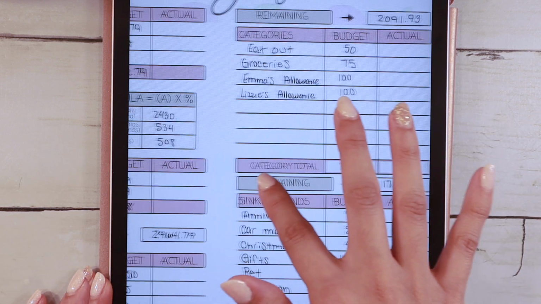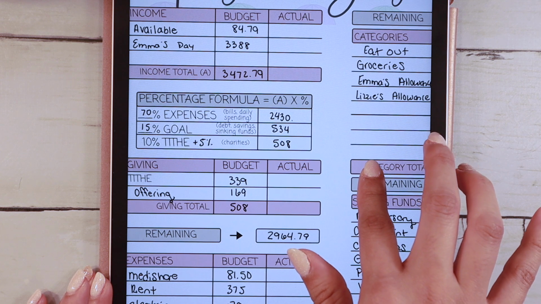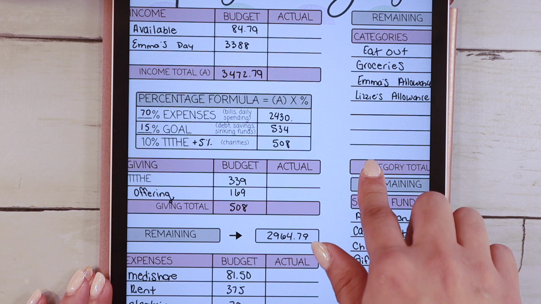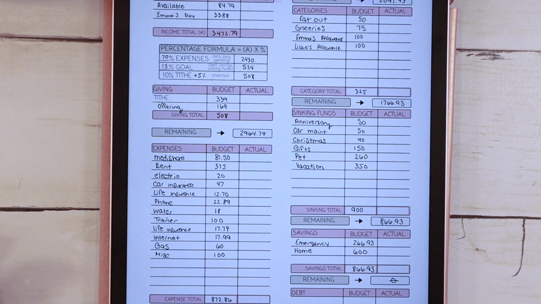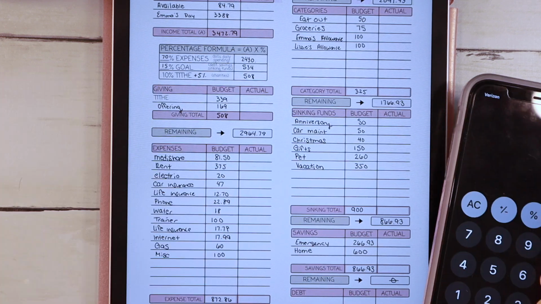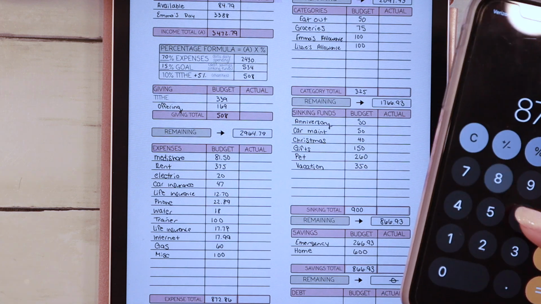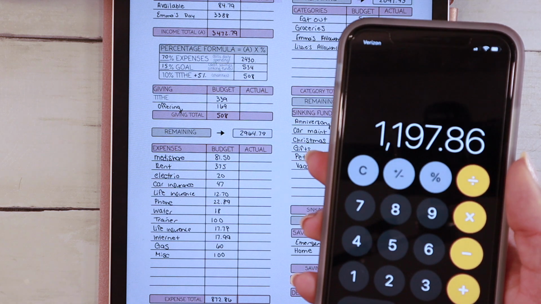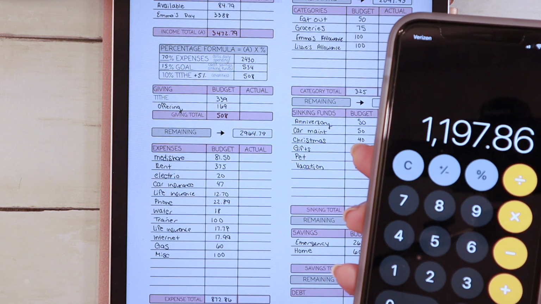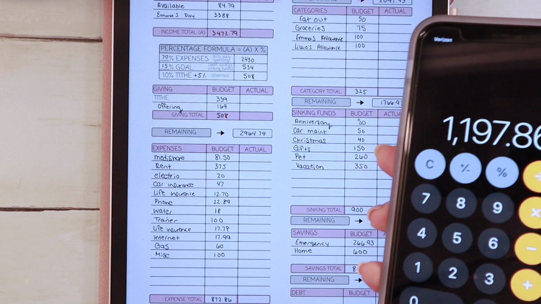And so in reference to the percentage formula, we said that we wanted to live off of $2,430. So right now, if we take the expense total that we wrote in right here, $872.86, and we add in the $325, we're only right now living off of $1,197.86 for spending.